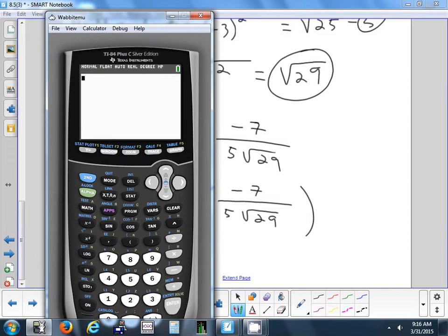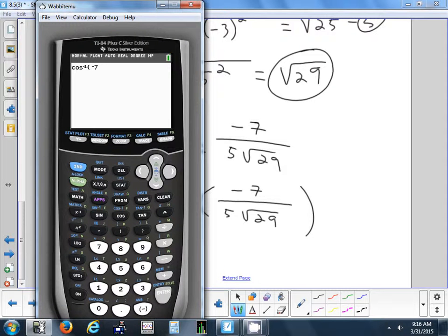Take the inverse cosine and do this in degrees. Don't bother with radians. Inverse cosine of -7 divided by 5 square root 29. You should be able to type it all in at once. Let's try that. Yeah, that was a problem. Let's put parentheses around the denominator so it does that first.